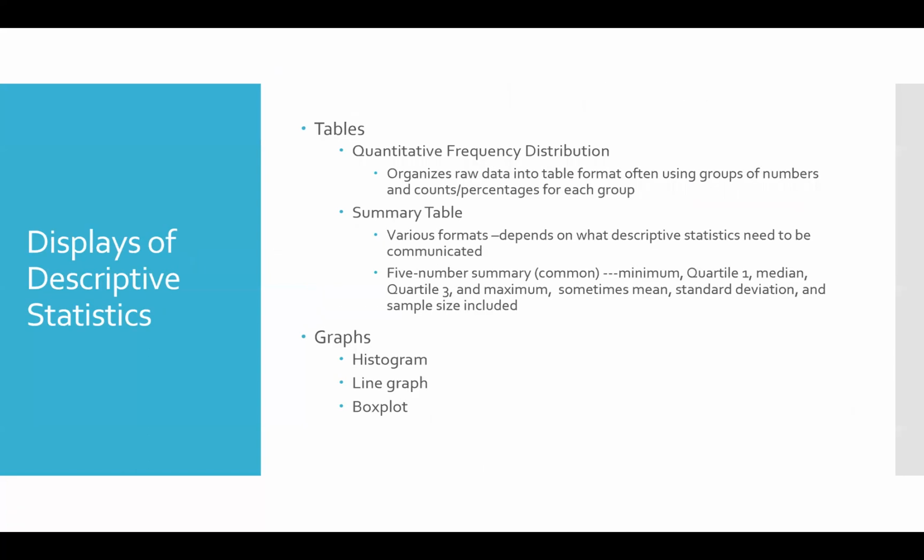So there's lots of ways to display the data or display descriptive statistics. You can do it in tables. We can do it with graphs and so forth. I have you use what's called the 5-number summary. The 5 values are the minimum, quartile 1, the median, quartile 3, and the maximum. And then oftentimes you're asked to include a couple of other things.